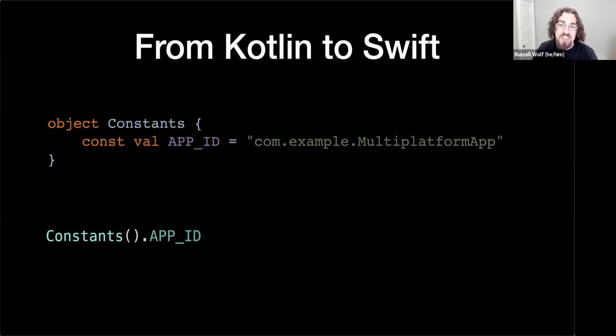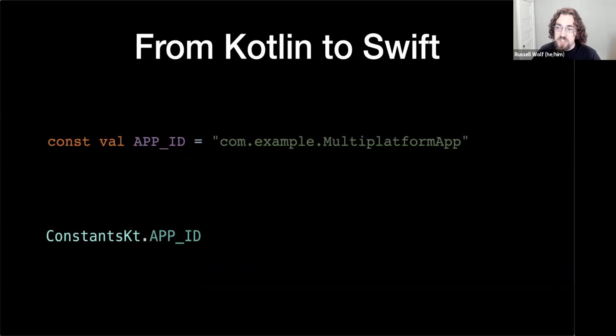What's actually happening under the hood is it's going to return the same instance every time, but the syntax feels weird. They've added a new thing in 1.5.30, so this also gets exposed now as constants.shared.appid, which feels a little more like what you would typically see from iOS, but it's a little more verbose as well.